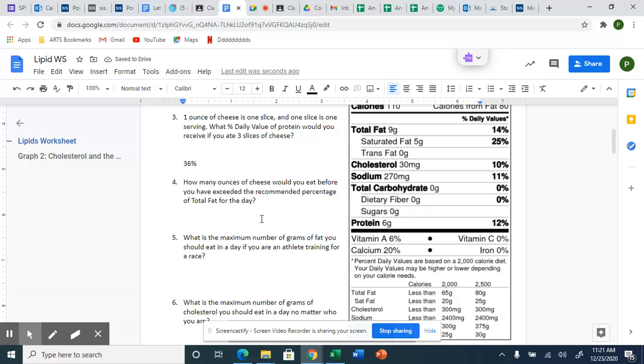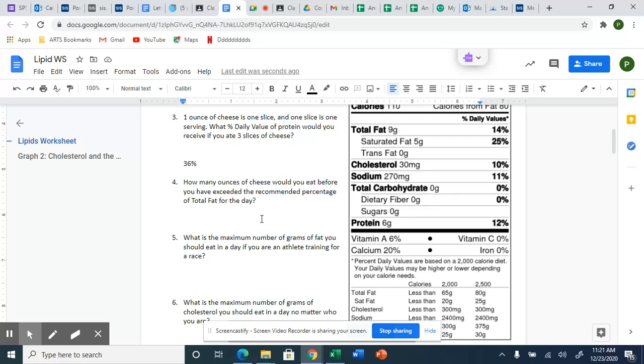So how many ounces of cheese would you eat before you have exceeded the recommended percentage of total fat for the day? All right, so here we go.